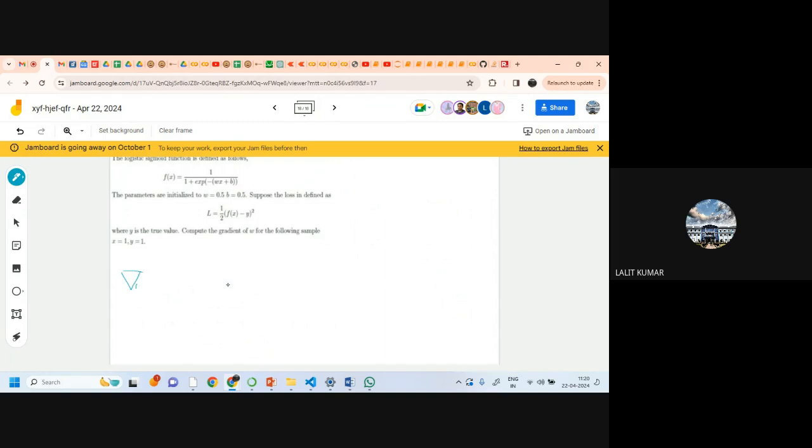Delta W is equal to (f(x) minus y) times f(x) times (1 minus f(x)), and for W we multiply by x also. For W we have to multiply with x.